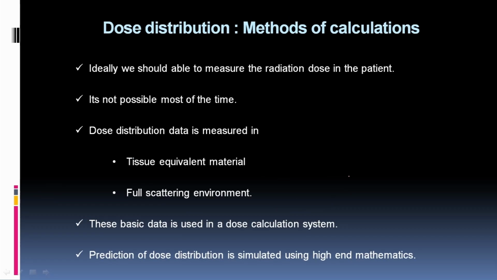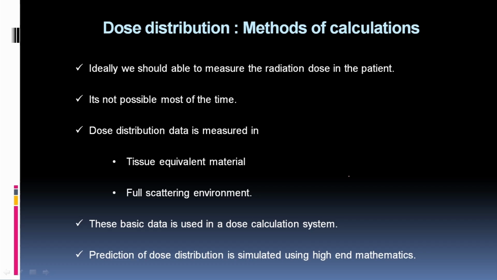Now, ideally, in the method of dose calculation, if we want to get the dose distribution of the patients, how these patients receive the dose, we should be able to measure the radiation dose in the patients directly.